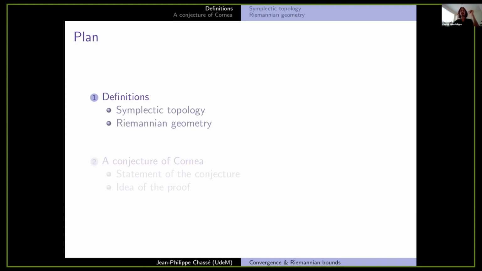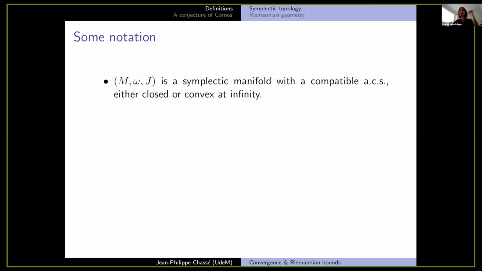Let's first begin with some symplectic topology. For now, it's mostly going to be symplectic topology notation, not definitions. For the rest of the talk, I'm going to fix a symplectic manifold, and I'm going to fix an almost complex structure in such a way that the manifold is either closed or convex at infinity.